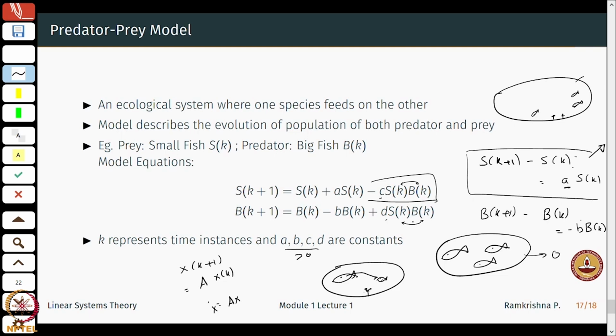However, if I just start with an initial condition, what would I expect? Say the initial condition is 2 small fish and 2000 big fish. Then I know the entire model will collapse to 0, because the 2 small fish will be eaten almost immediately, and then the big fish will have nothing to eat and everything goes to 0.